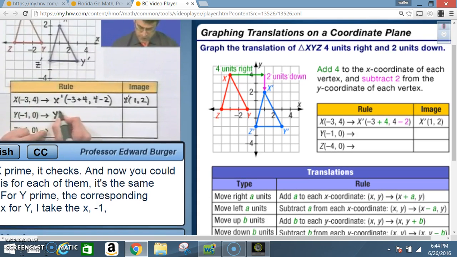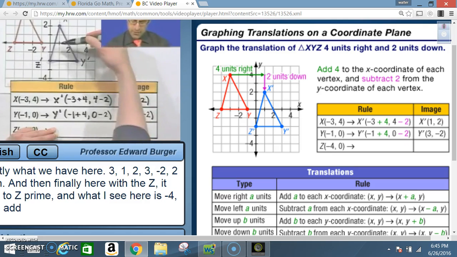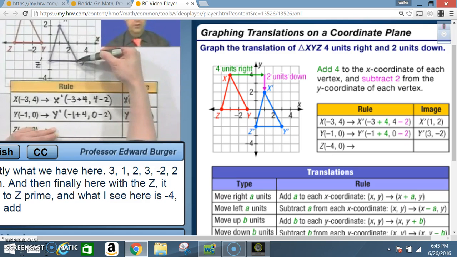It's the same rule. For Y prime, the corresponding vertex for Y, I take the X, -1, and I add 4. The X's are all being moved over to the right 4, and with the Y's I subtract 2. So here I see Y prime is 3, -2, exactly what we have here: 3, 1, 2, 3, -2, 2 down.